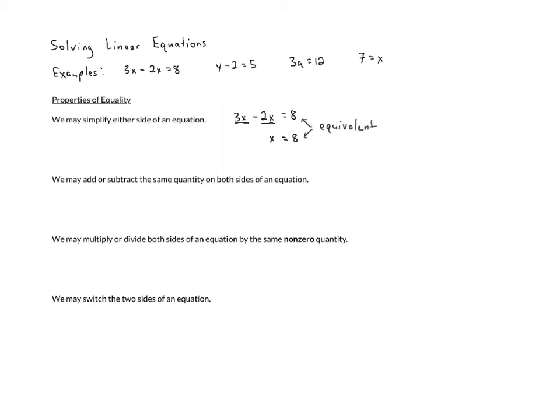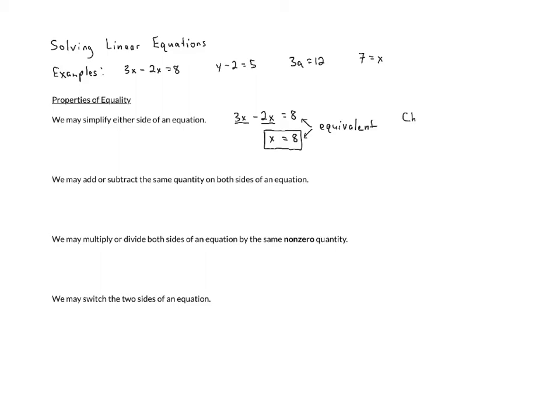Now in this case, we have x equals 8, and whenever we have the variable alone on one side and a number on the other, like x equals 8, or x equals 3, or x equals -5, that is our solution, because that tells us x is equal to 8. So it gives us the value of x that works in that situation.